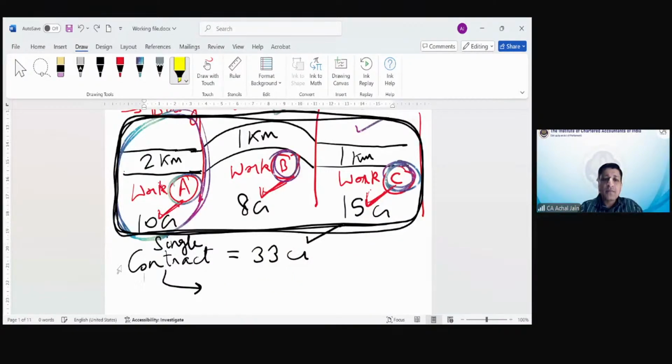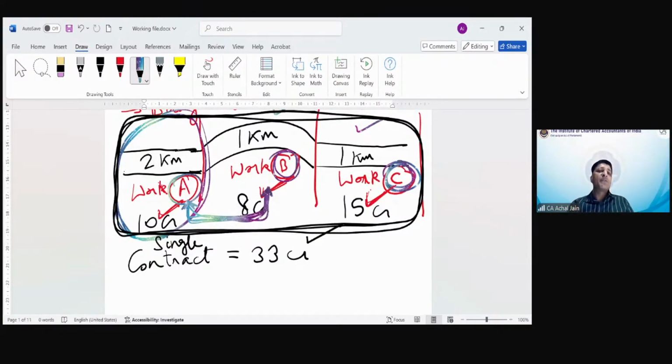Let's suppose we have a single contract for 33 crore, wherein A and B are found to be interdependent, meaning they are linked to each other. And C is independent. So A and B are two separate activities, but they are interdependent, linked to each other. But C is not linked to A and B.